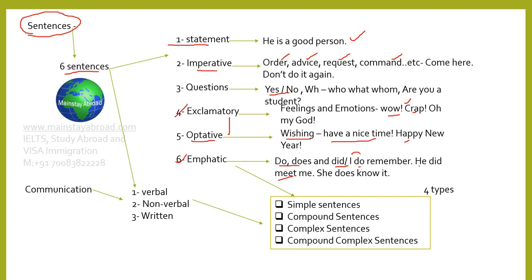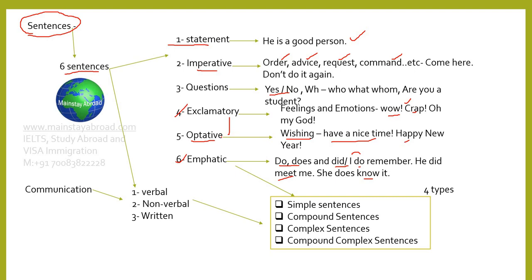"I did meet," "He did meet me," and "I did see her." "She does know it." After does there should be the present verb, "know," not "knows." If it is without does, then "She knows it." This is the only grammatical understanding in the form of emphatic sentences.